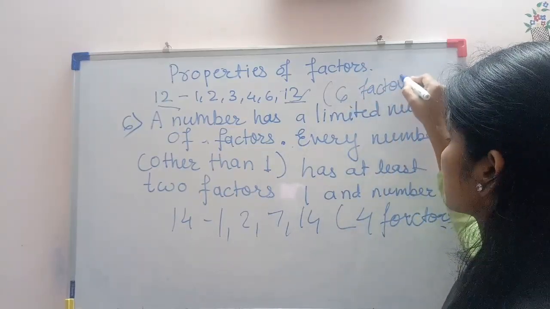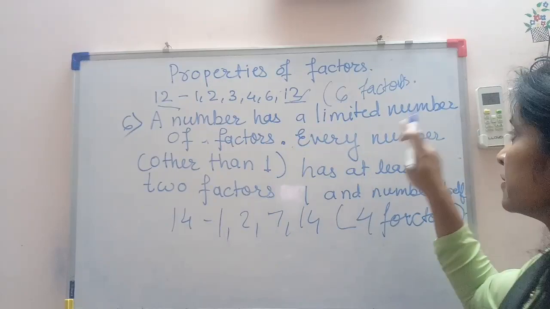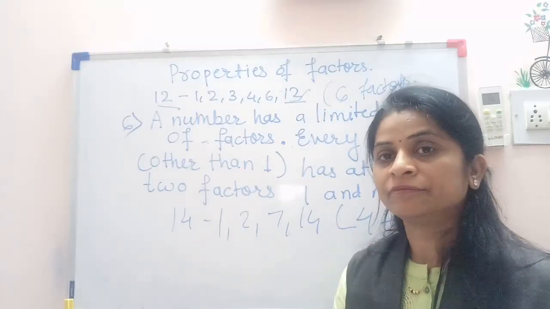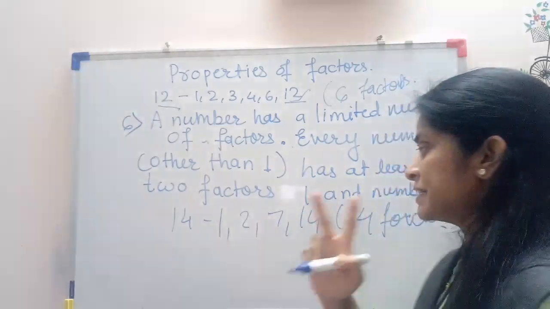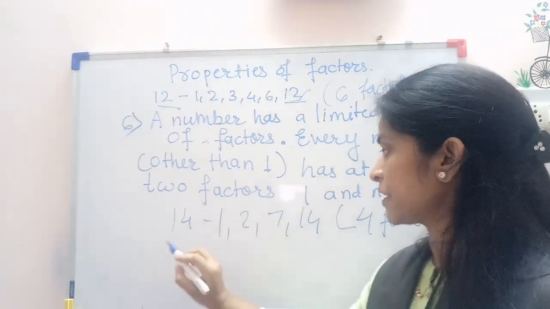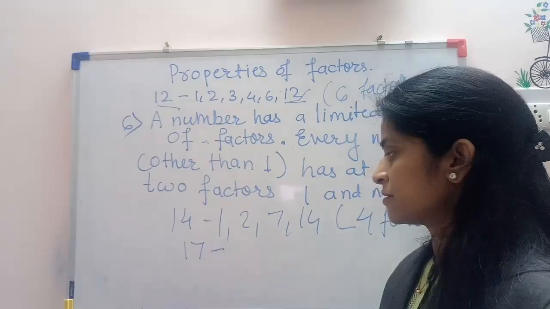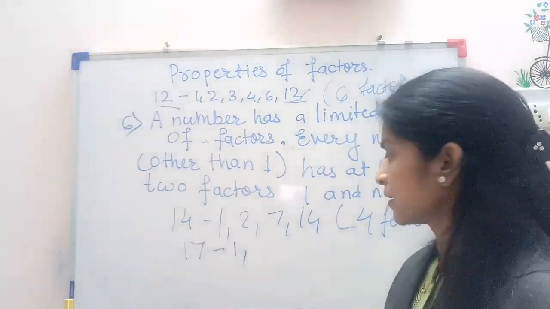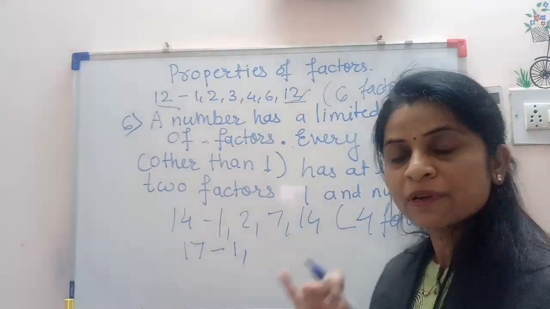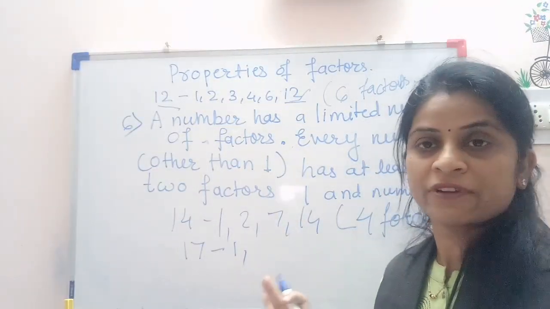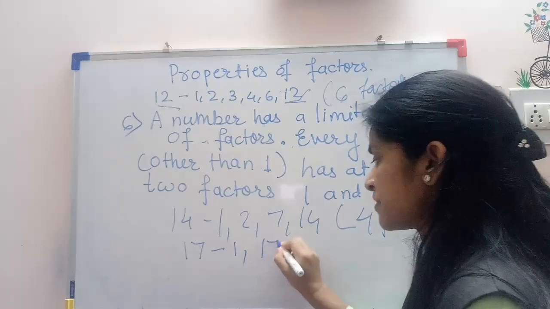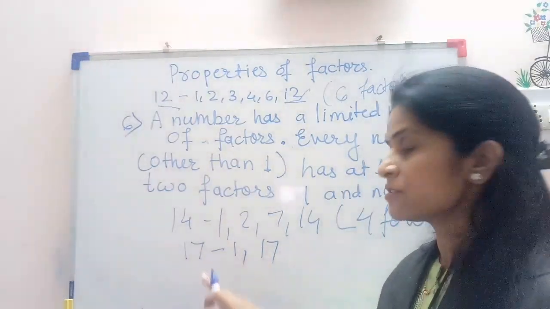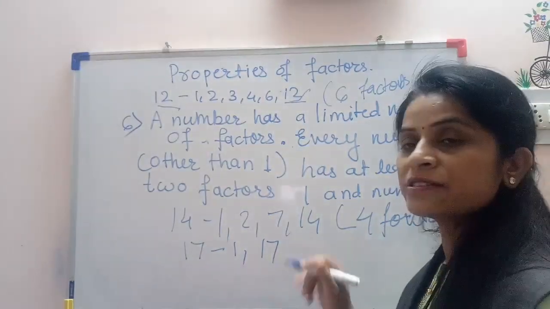Means a number has a limited number of factors. Every number other than 1 has at least 2 factors. For example, if I take 17, it is divisible by 1, but not divisible by 2, 3, 4, 5, 6, 7, 8, 9, it is divisible by 17 only. That means 17 has 2 factors, that is 1 and 17.